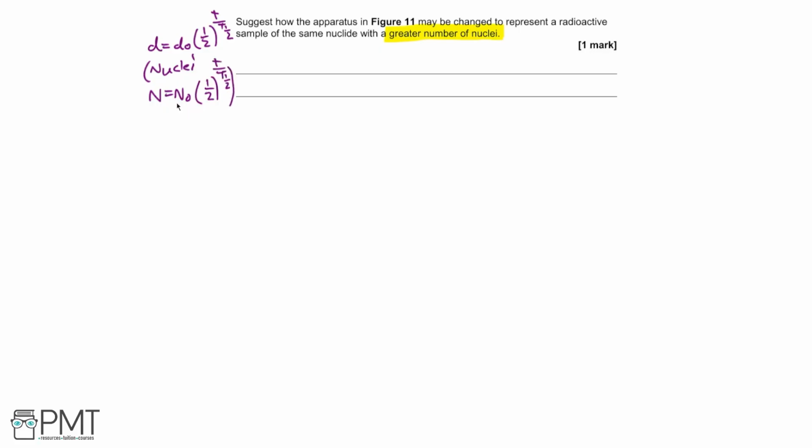So we can see that N0, the initial number of nuclei that are radioactive, is analogous to D0, the initial depth of the water. Therefore, we need to increase the depth of the water to represent an increased number of nuclei. Therefore, our answer is to increase the depth of the water.